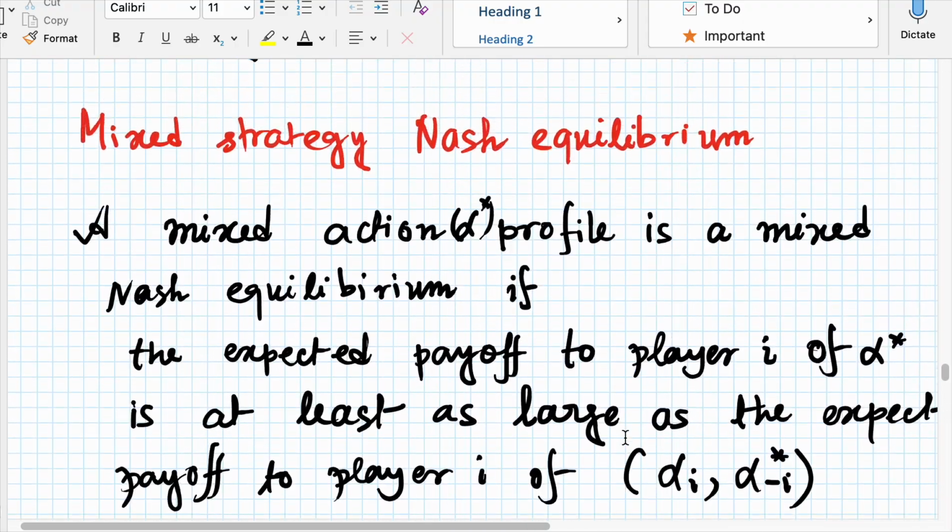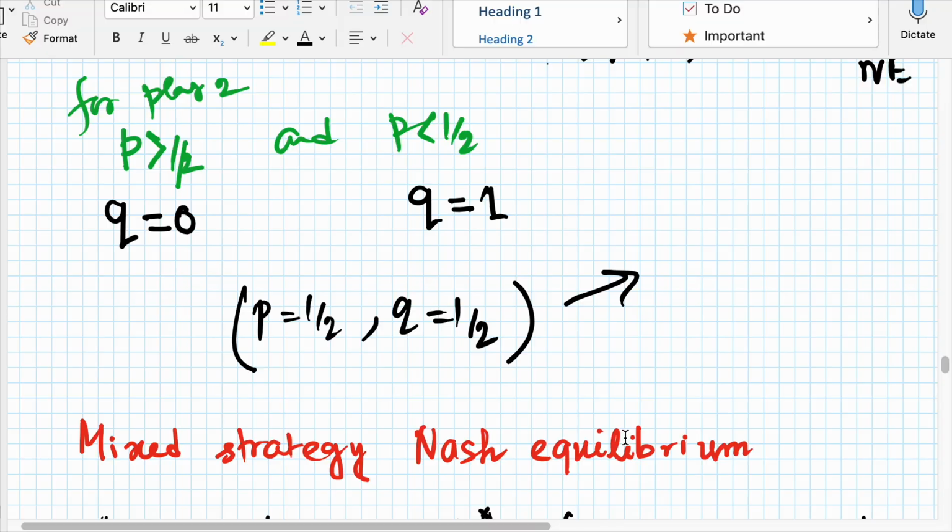So basically, in the previous two classes we were dealing with Nash equilibrium. We learned what is meant by the equilibrium concept or solution concept when two rational players, and by rational I mean VNM rational players, are playing a game.